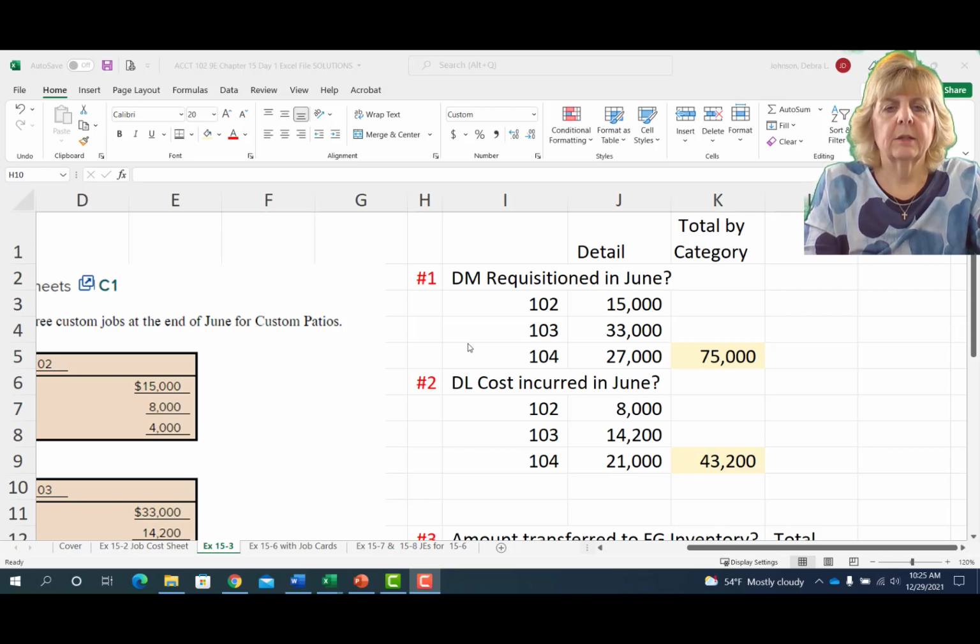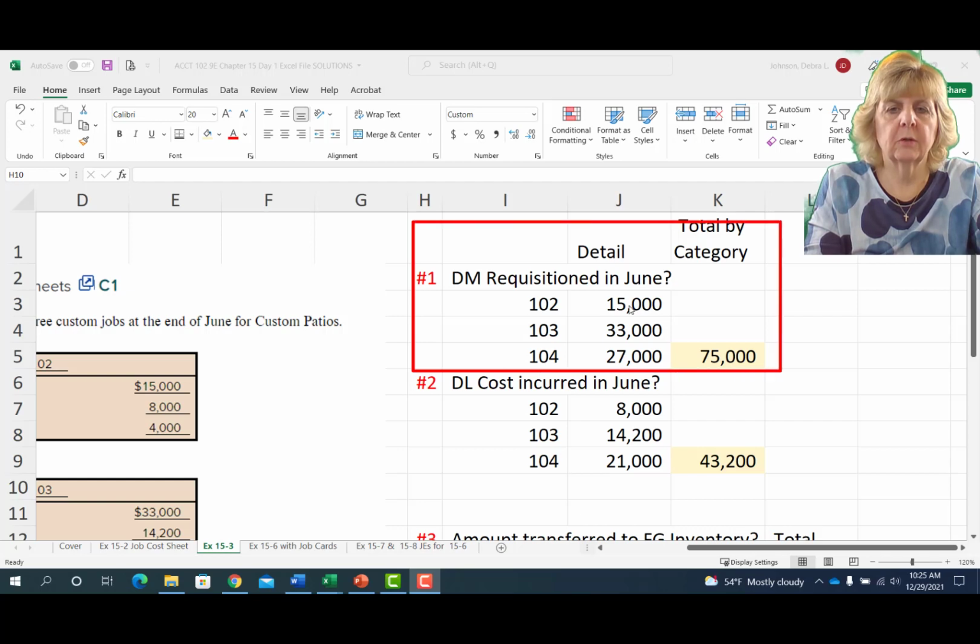Number 1 asked for the direct materials requisitioned in June. You can see by the job cards that we summed up the direct materials from all 3 jobs. 15,000 plus 33,000 plus 27,000 gave us a total of 75,000 of direct materials requisitioned.